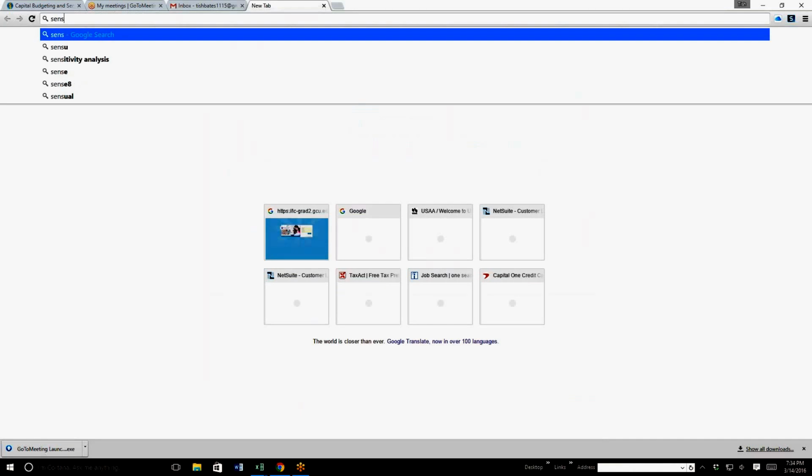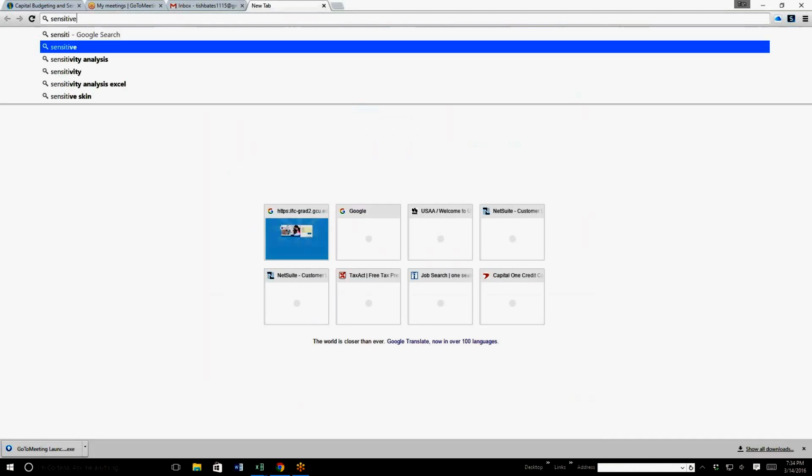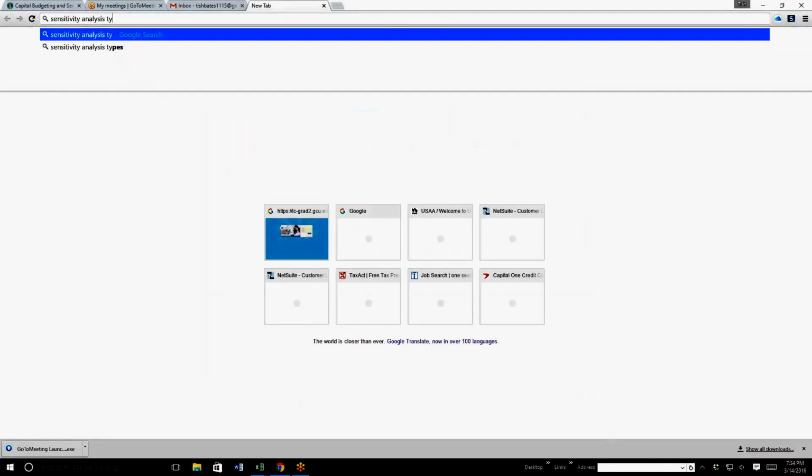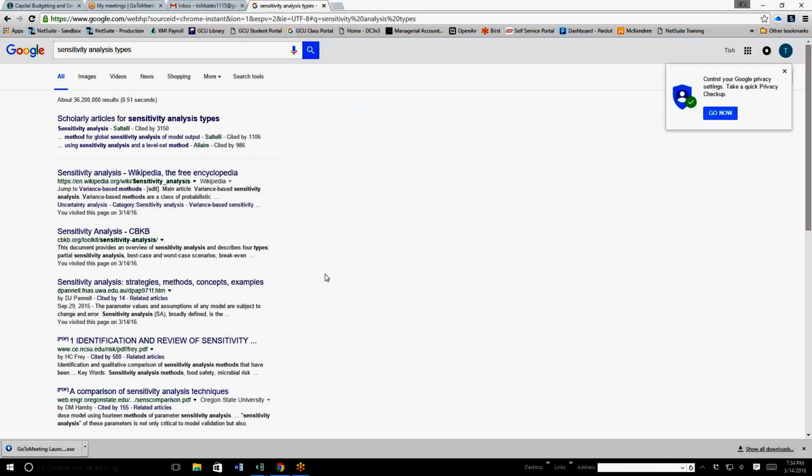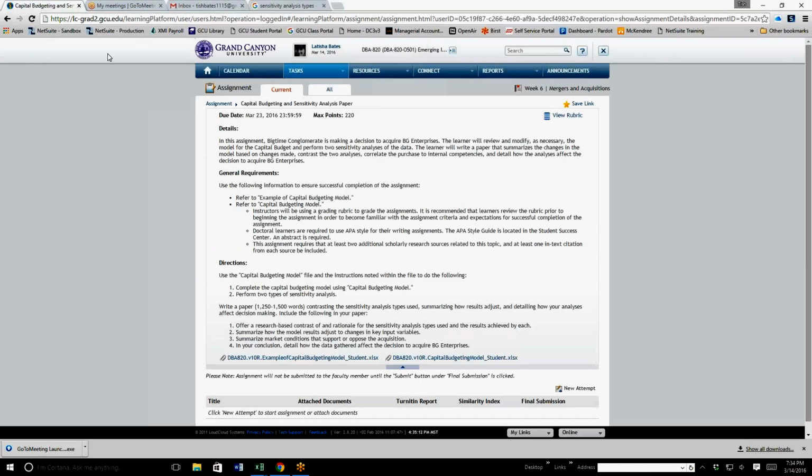I don't know how to get to my work out of this stressful stuff. Well, once you actually analyze what's going on, so summarize how the model results adjust to changes in key input variables, you could write half the paper on that based on what they're having us do. And then the market conditions that support or oppose the acquisition.